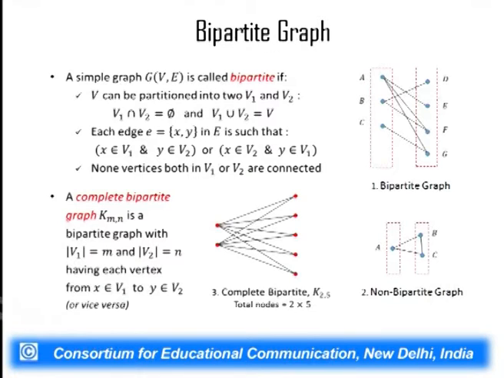If there is a connection from each vertex belonging to one set to every vertex in the other set, then it's known as a complete bipartite graph. That is, all the possible paths, or whatever option you say, are all connected.